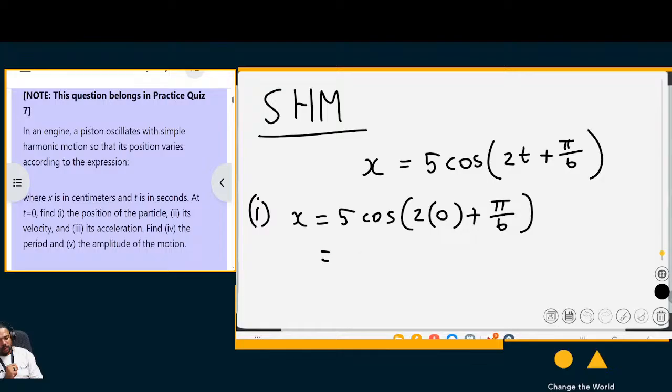So this is 5 cosine pi over 6, which is approximately 4.33 centimeters.